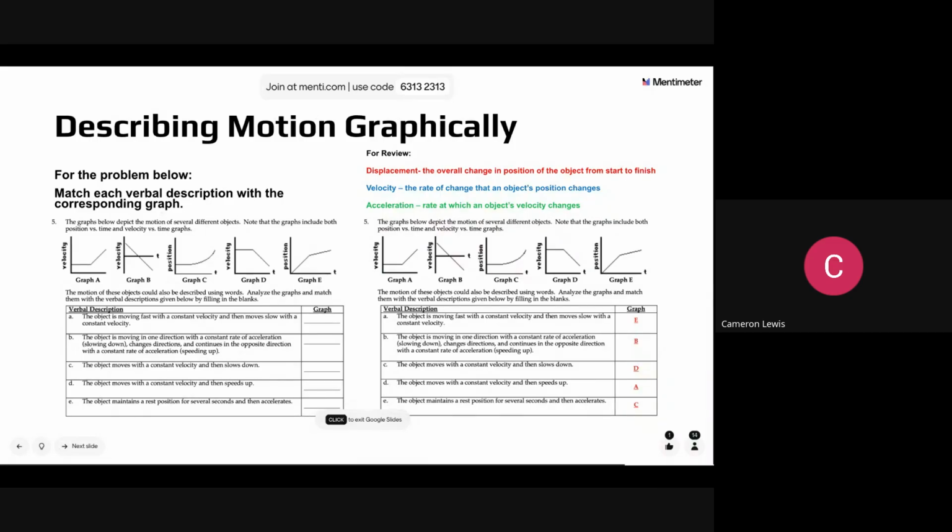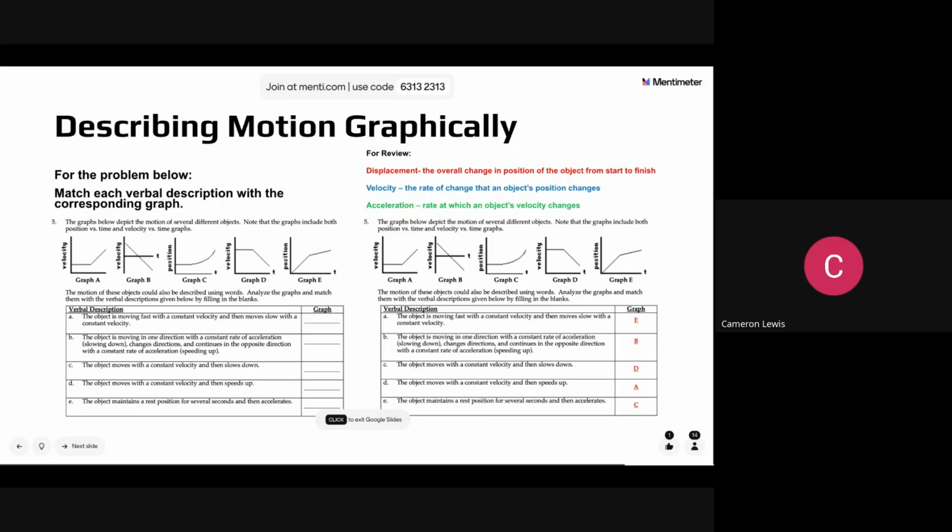So with constant velocity, how does the line look? Oh, perfect. That's exactly it. So for E, what are the two axes? Obviously the bottom one is time, but what's on the left? Position, right? So if you see a sloped line of position, what does the velocity look like?